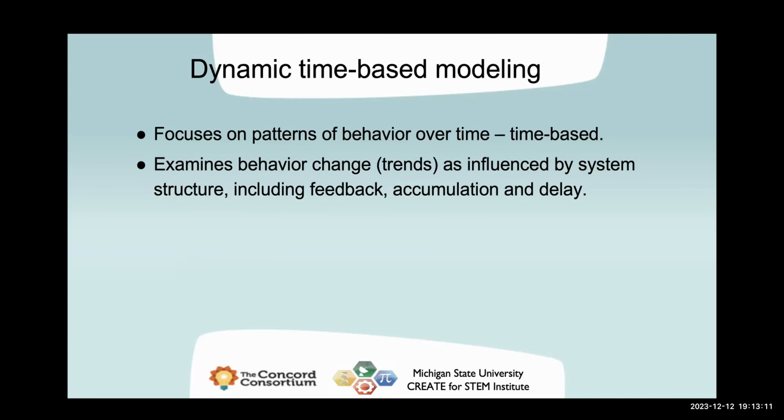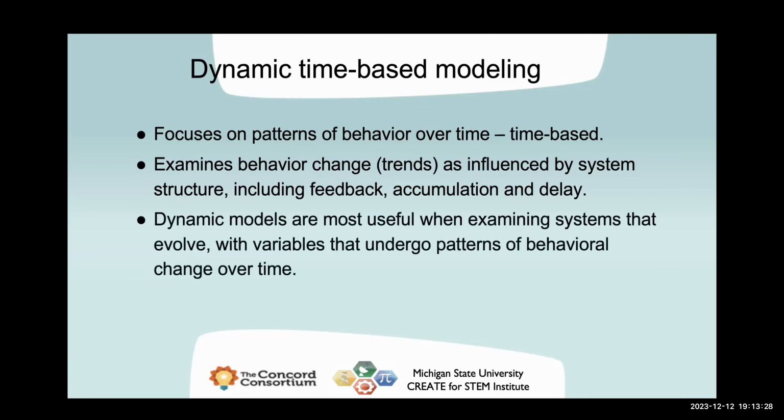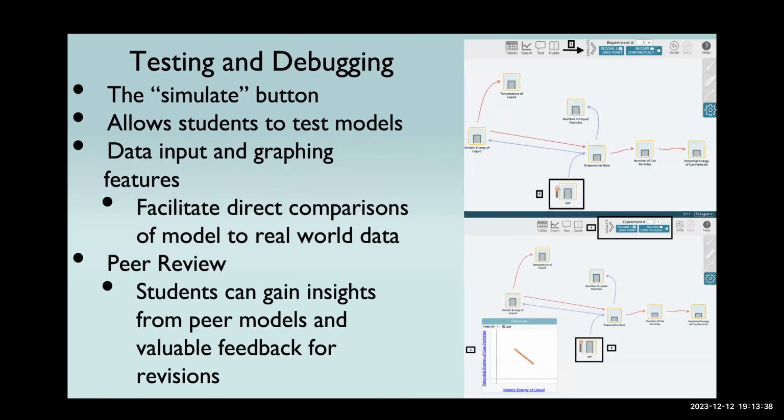A population will grow over time, but it also decays over time, or dies over time. So these time-based accumulation aspects are a critical aspect of science. And once again, dynamic models are great when you're looking at variables that have patterns that change over time.